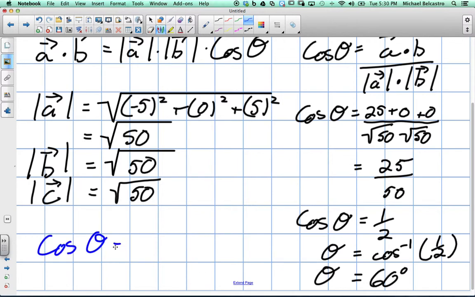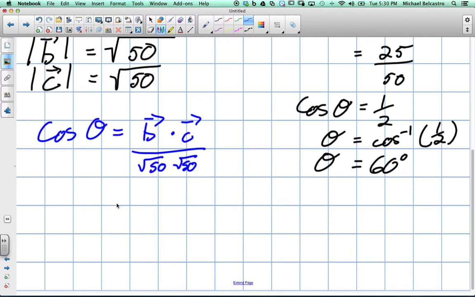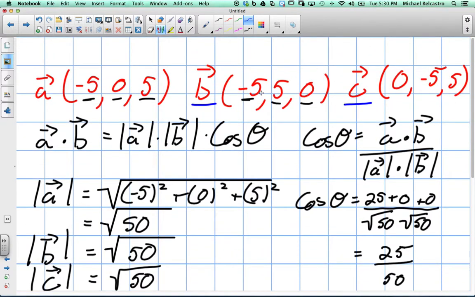Cos theta, same idea of vector B dot vector C. We already know the magnitudes. They're both root 50. So we know that our denominator is going to be over 50. So as long as we're 25 on top, we should be fine. So according to this, negative 5 times 0, well, that gives me 0.